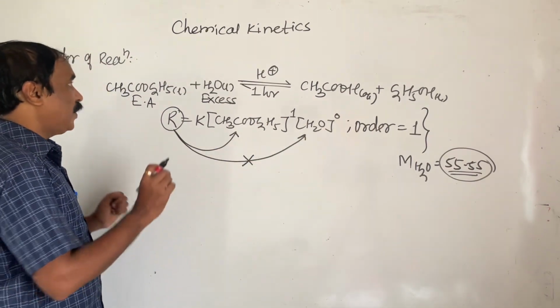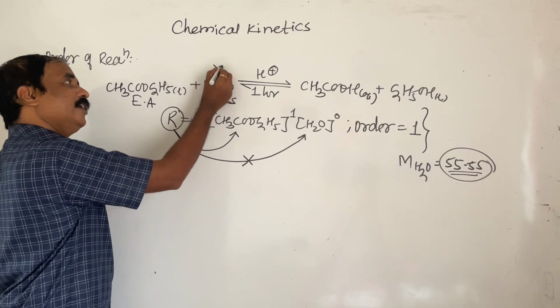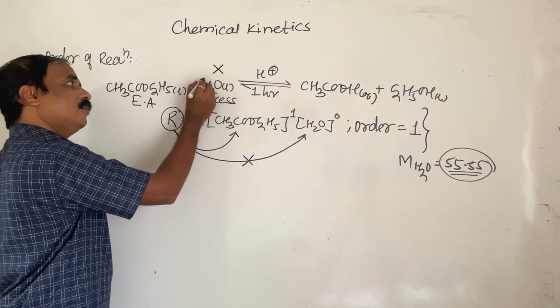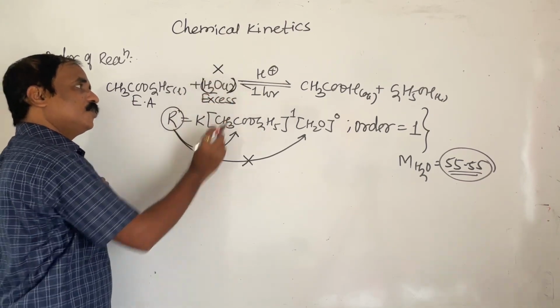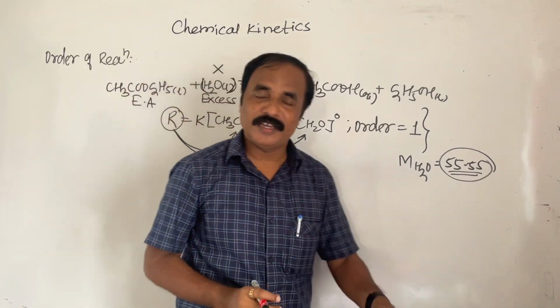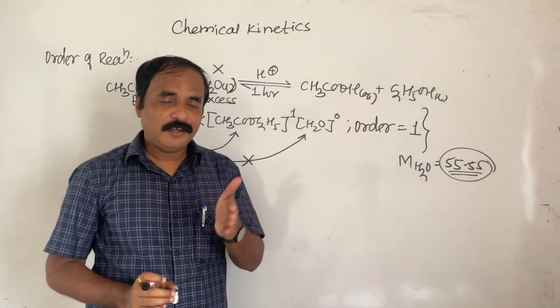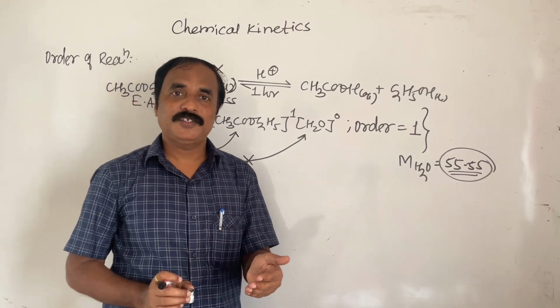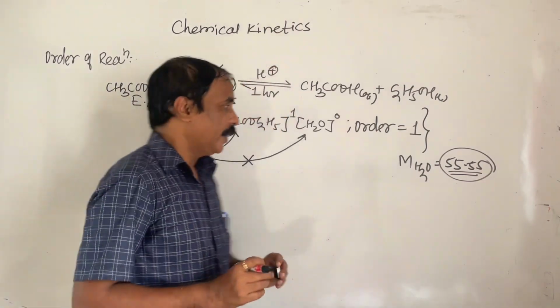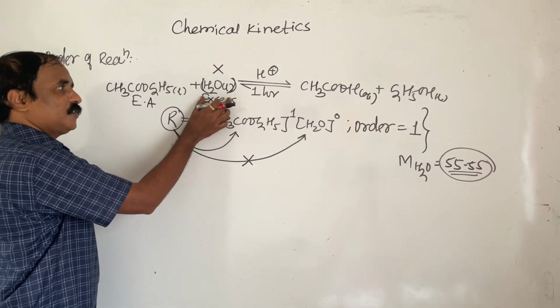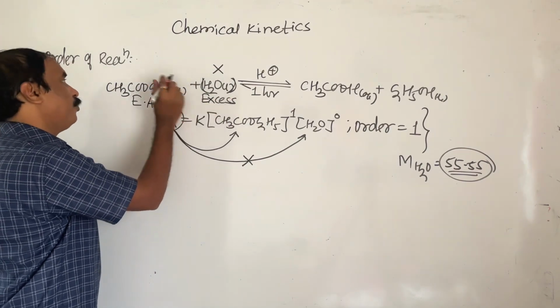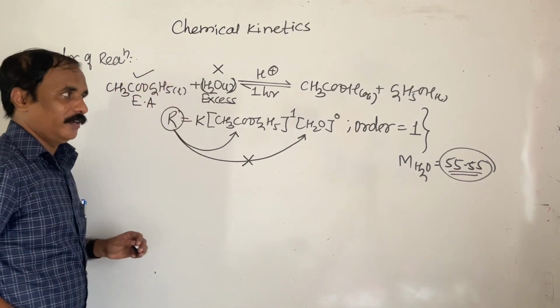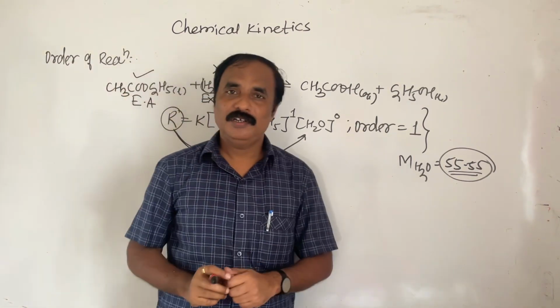And we know that rate of reaction is independent of concentration of reactant whose concentration is in excess. जिस reactant का concentration excess है उसके ऊपर rate of reaction depend नहीं करता. And rate of reaction does not depend on concentration of water. It depends on only concentration of ethyl acetate. So what is the order of reaction? It is 1.